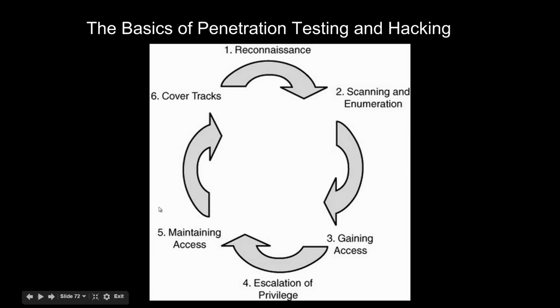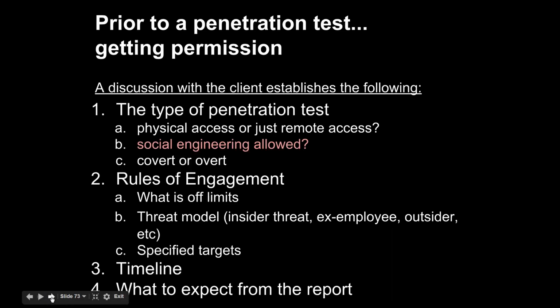Maintaining access is step 5, and you could group rootkits and other persistent malware in that category. And finally, step 6 involves covering tracks, and that involves erasing logs and other records of your intrusion.